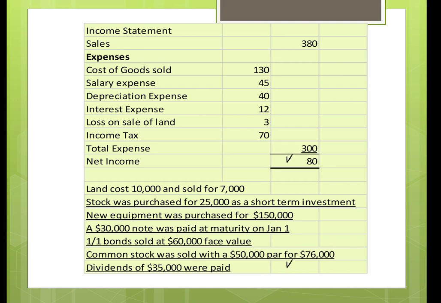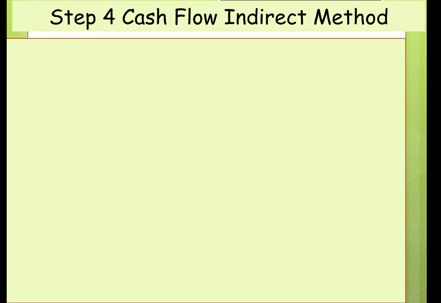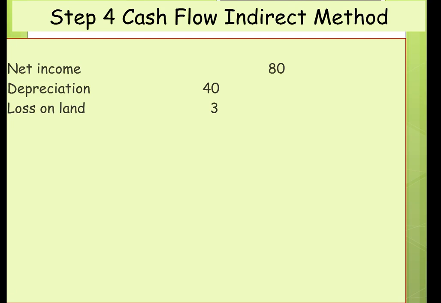We need the net income, the depreciation, and the loss on sale of land. We start again with net income, which would be 80. Then we include our non-cash transactions, and then we would do our changes in our current assets.